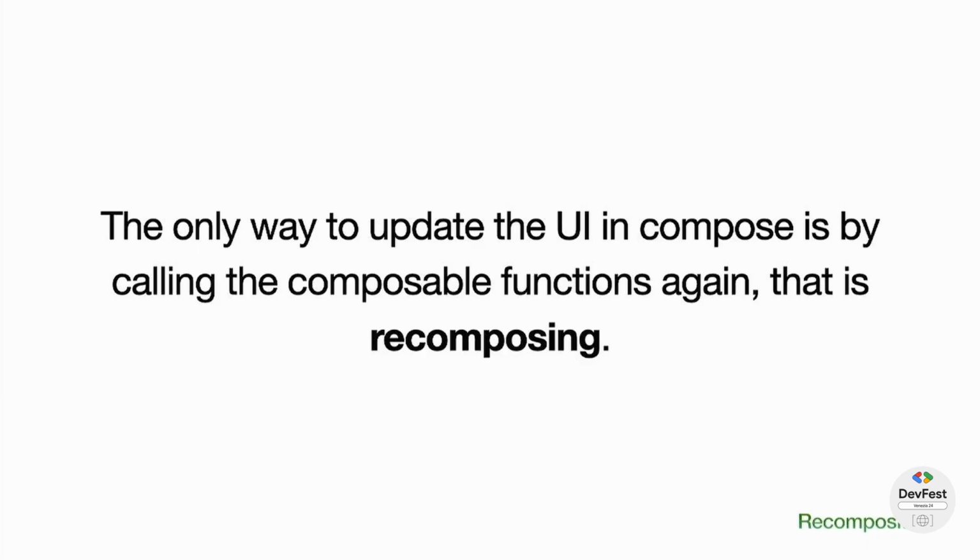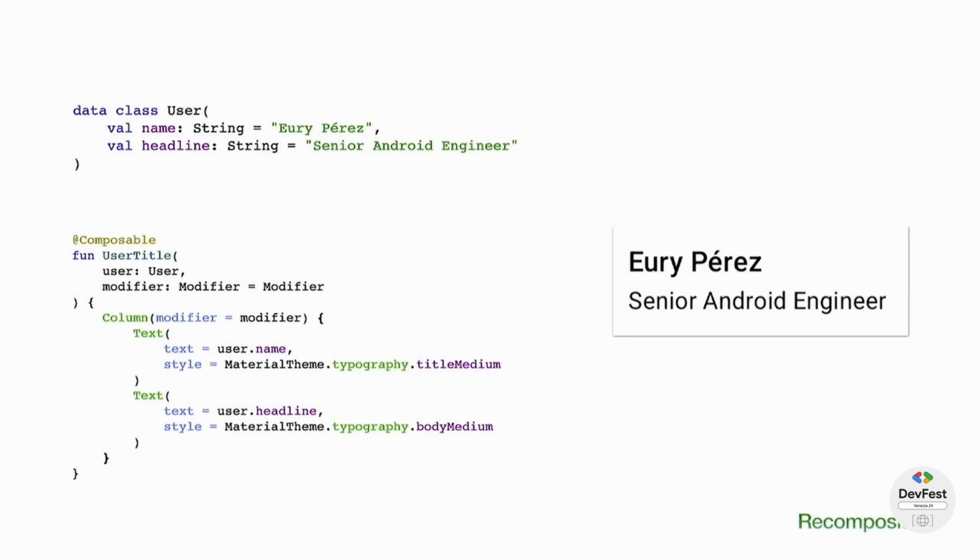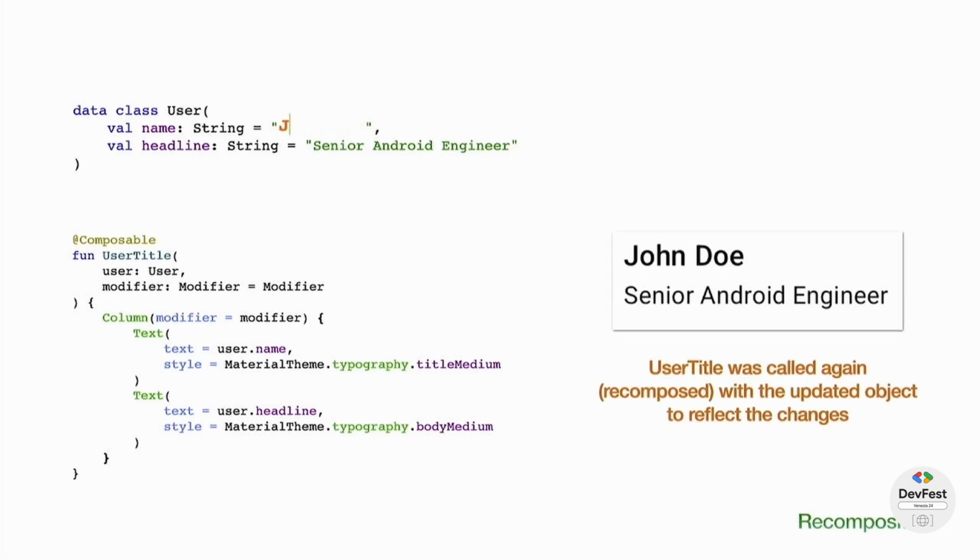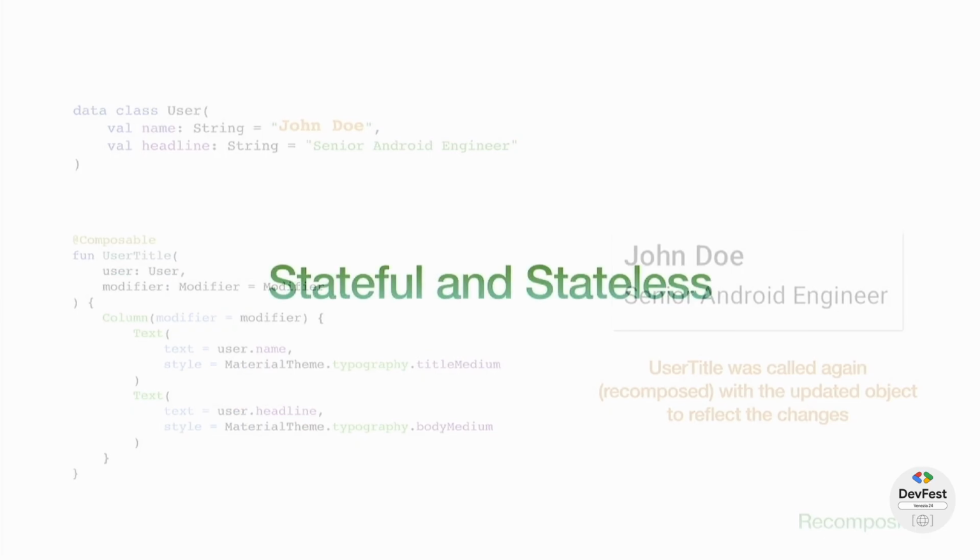There is no call like we used to do in XML, like text equals something. In Compose, we have the declarative approach, and when we change something in the state object, you need to call it again. That's what we basically call recomposing or recomposition. So coming back to our previous example, this is what happened here: our UI was recomposed after the state object was changed.